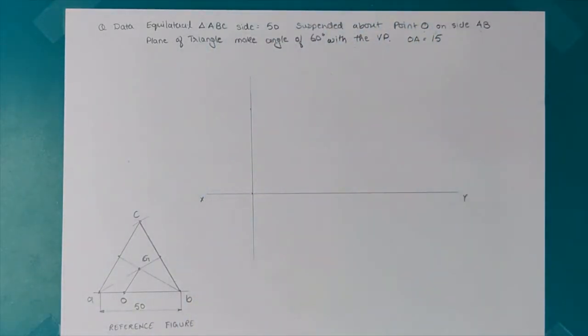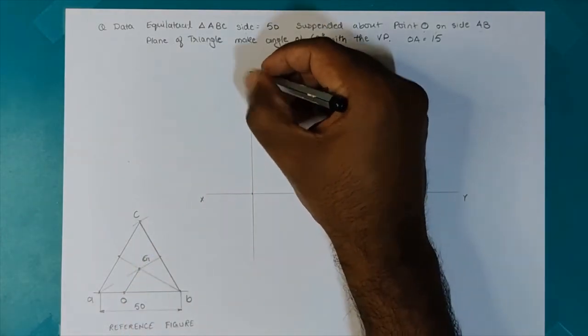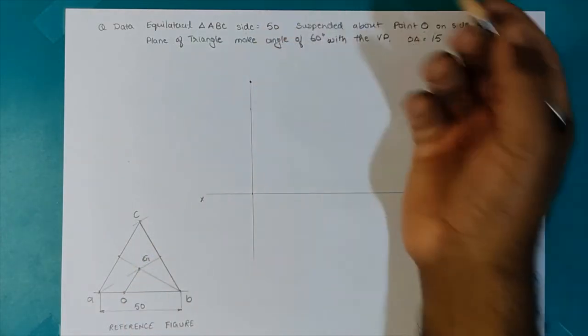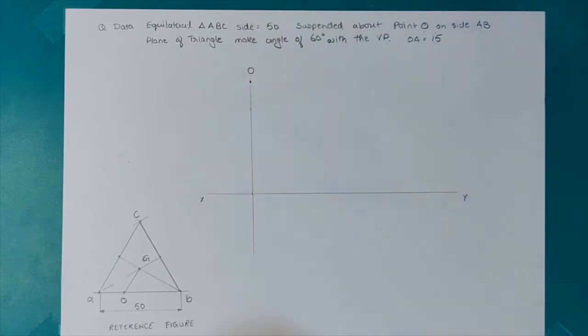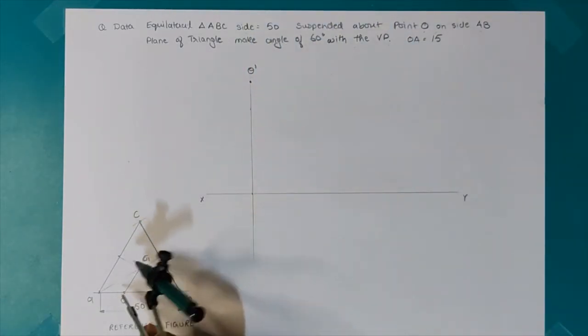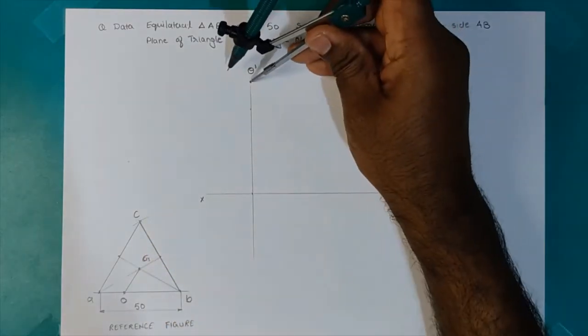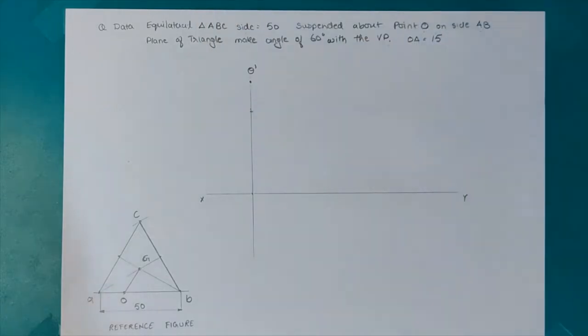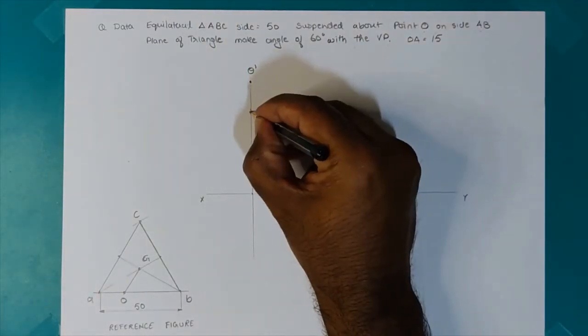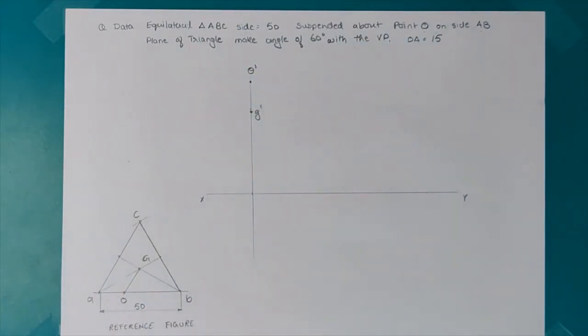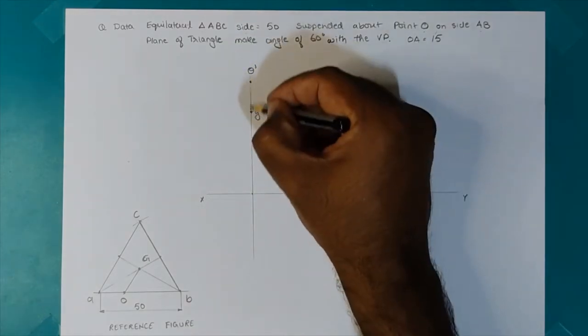Because of gravity, the centroid lies exactly below the point of suspension. So I have assumed a starting point somewhere above the XY and taken it O dash. Using the reference figure, I transfer the arc and find G dash.